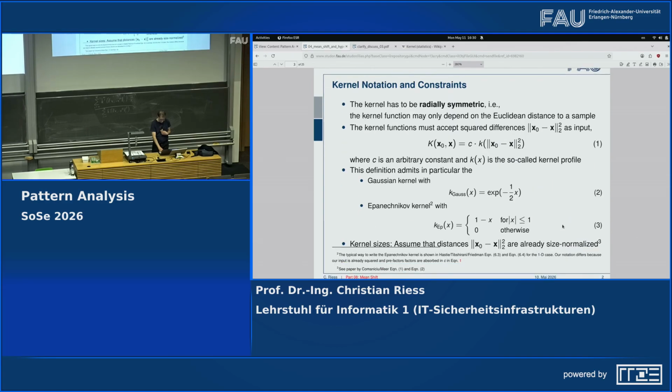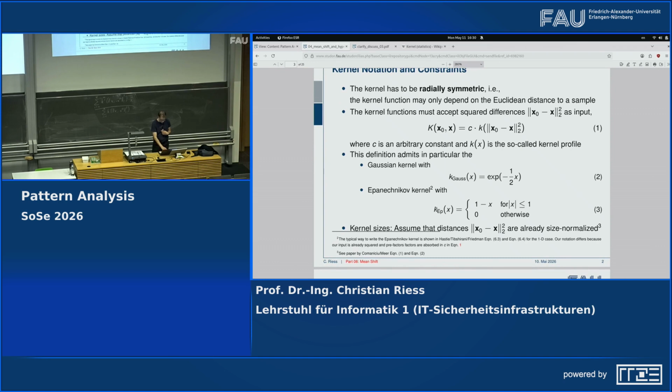Let's check. Here in equation 3, we have our kernel profile. So we have something like k of x equals 1 minus x if x is lower or equal than 1, or 0 otherwise.